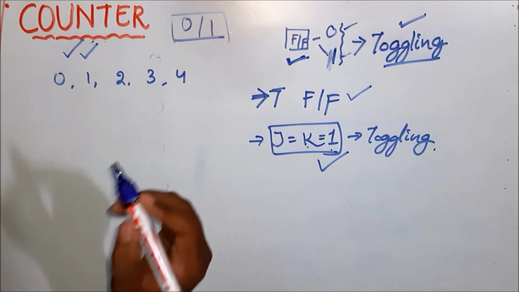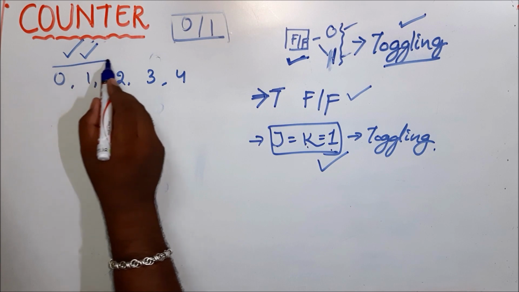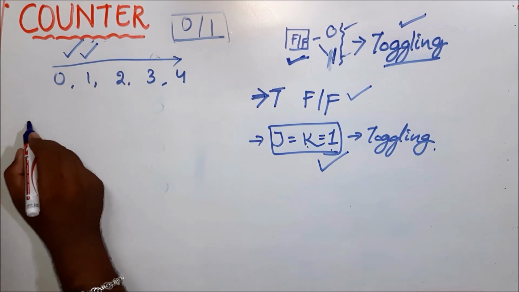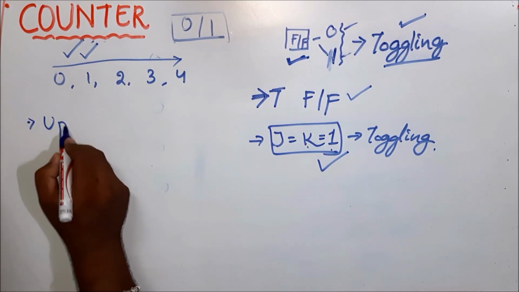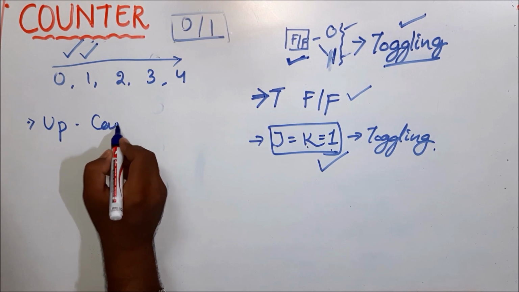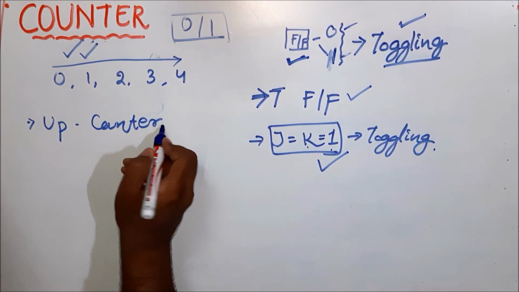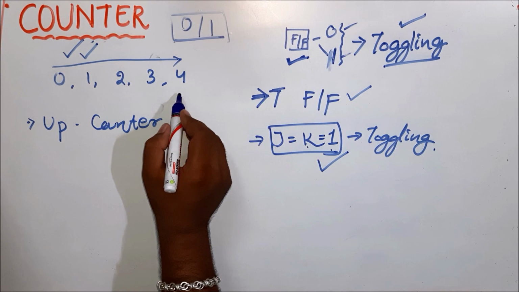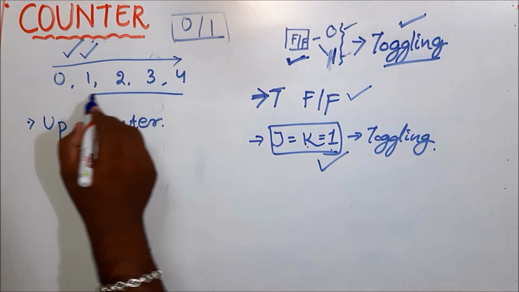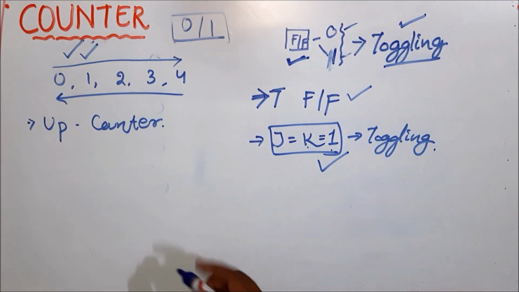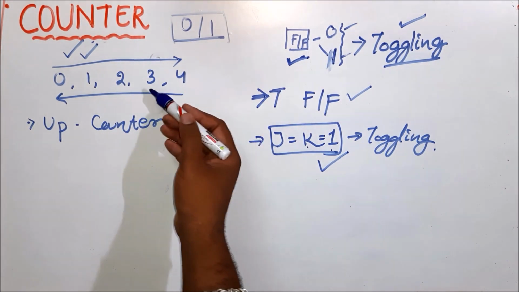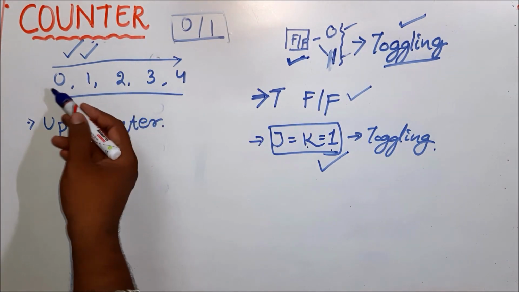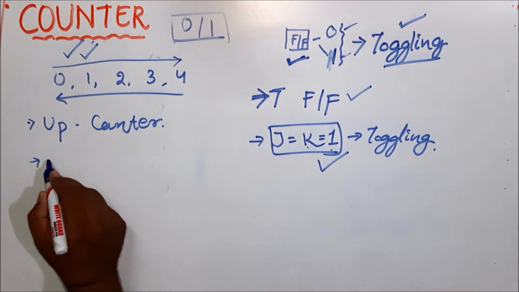If my counter counts in this way, 0, 1, 2, 3 and 4, this is called an up counter. If my counter counts in reverse, 4, 3, 2, 1, 0, this is called a down counter.